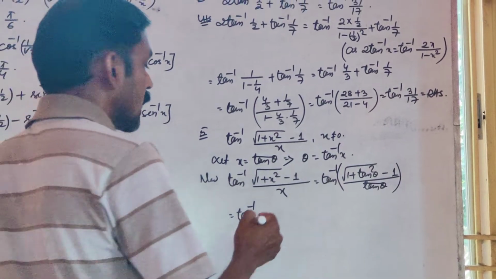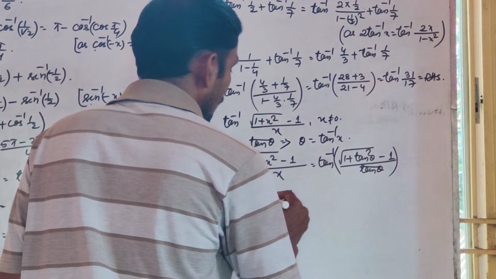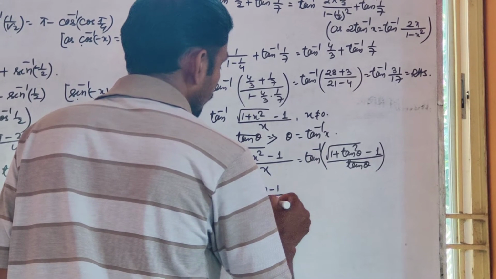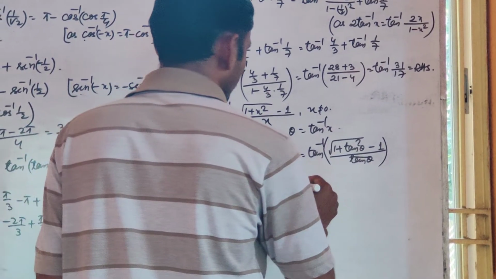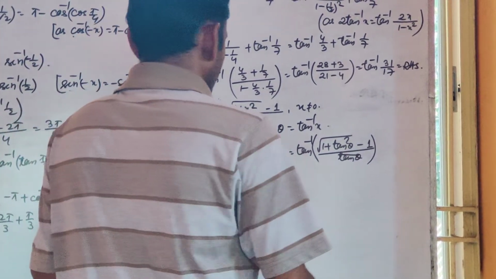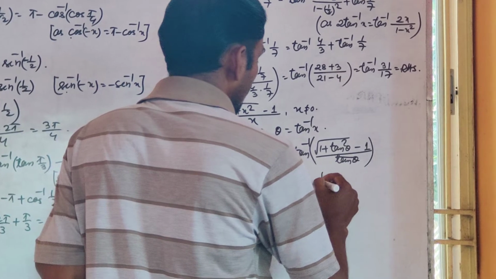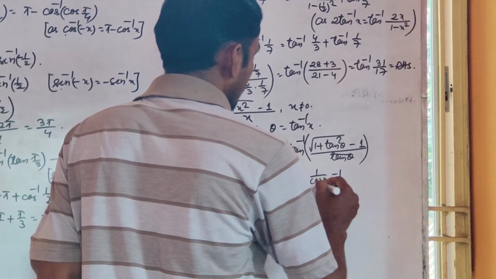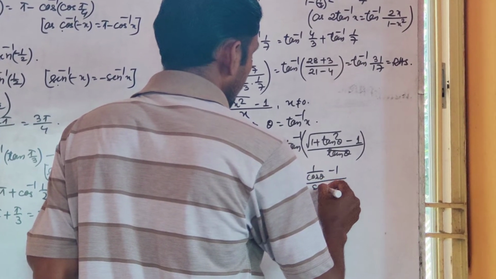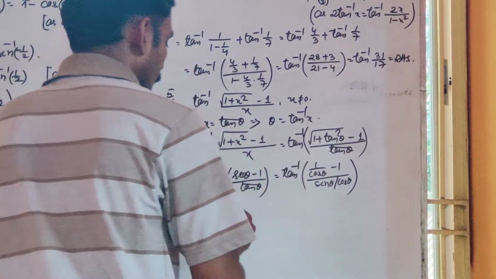The root is there, so it is sec theta minus 1 by tan theta. Okay. Now you can split it in terms of sin and cos, so it is 1 by cos theta minus 1, by sin theta by cos theta.